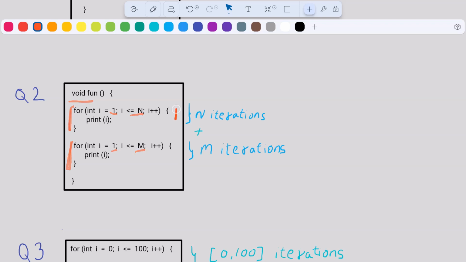Since this loop is not inside the other loop, it is outside, and both loops are independent, the number of iterations will be added, and the number of iterations will be n plus m.